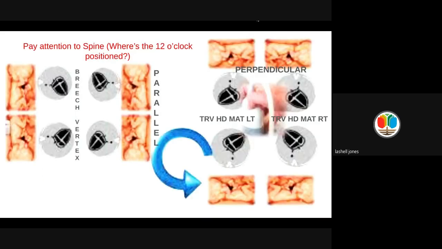Okay. All right. So now let's focus in on transverse. I find in a clinical setting, it's easy to pinpoint the presentation with our transverse lie versus our parallel lies. But what's important is our exam.